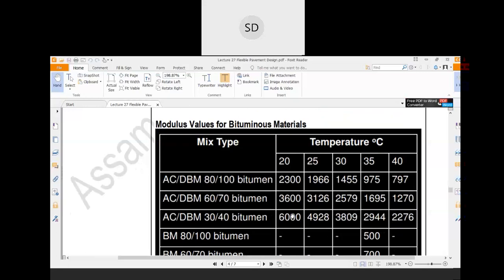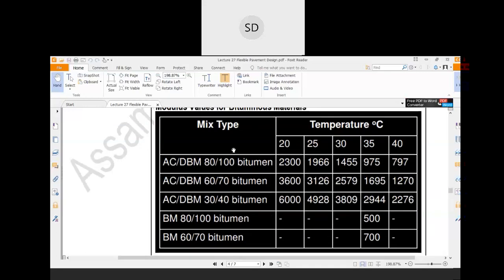So these are the modulus of resilient response of different types of bituminous surface course, given based on the temperature. Now for the asphalt concrete, AC is asphalt concrete and dense bituminous macadam. In that case, your base course would be your bitumen mixed with the aggregate, and it would be denser with an 80 to 100 grade bitumen.